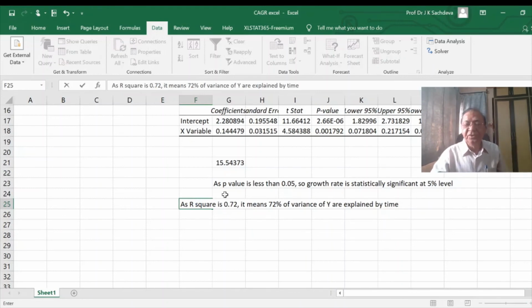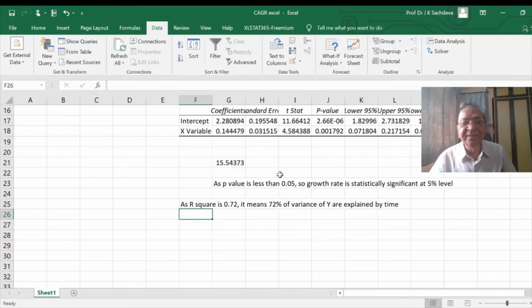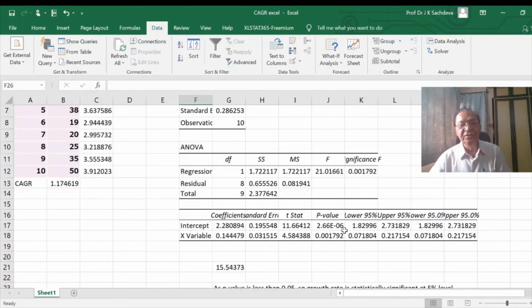So this way you can find out the significance as well as the growth rate.